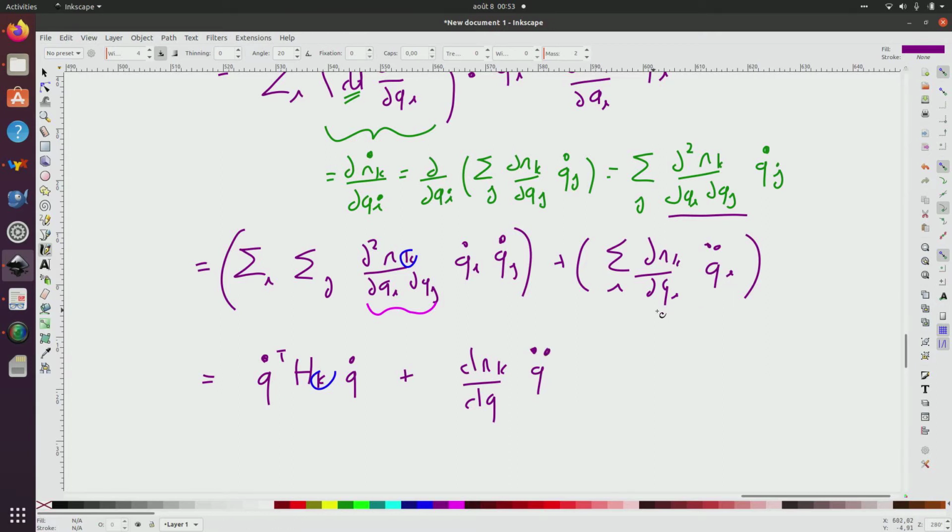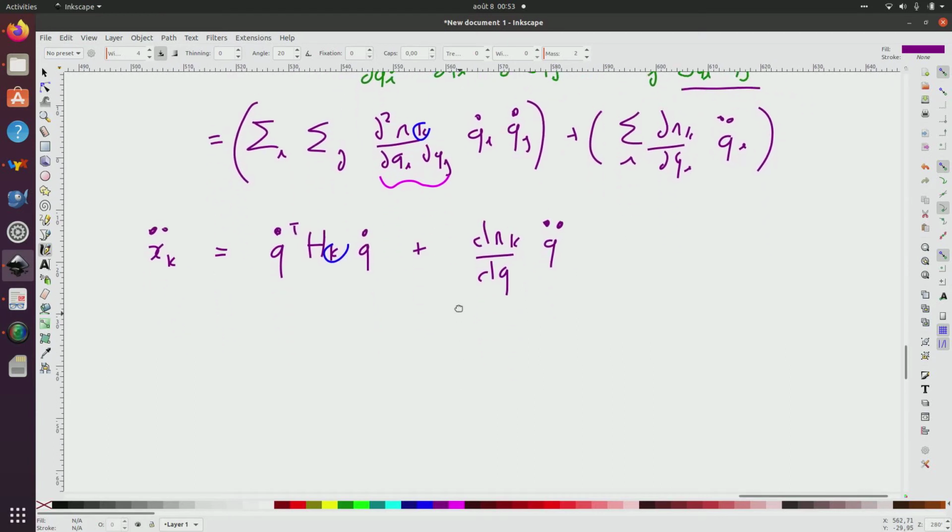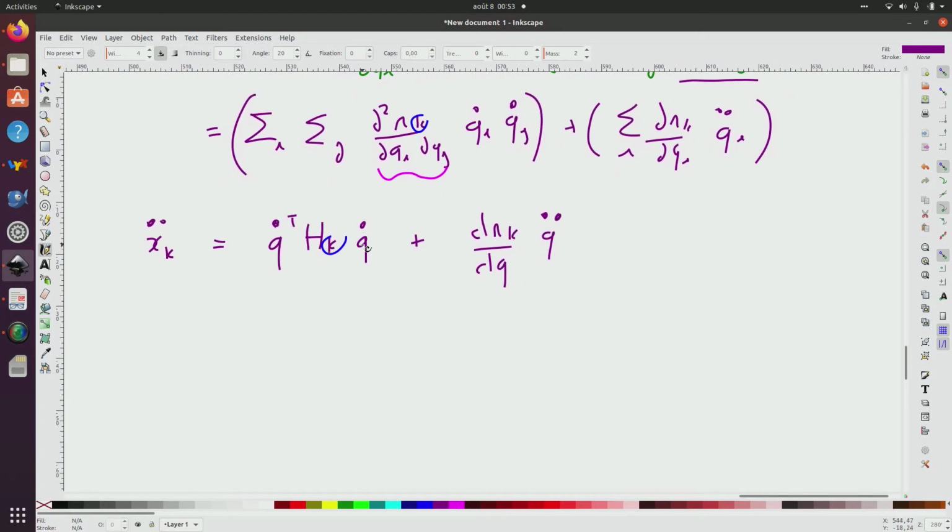So this is due to the second sum. And all this is equal to the second derivative of k. Okay. So recall that hk is the Hessian matrix of rk with respect to q.